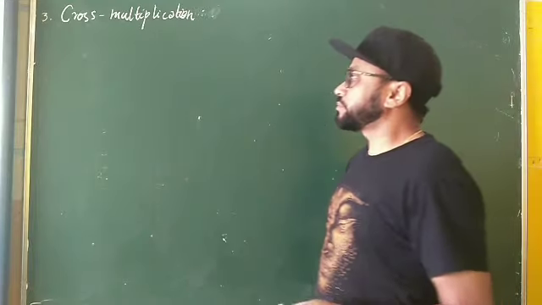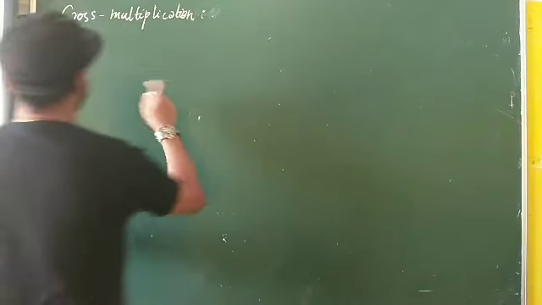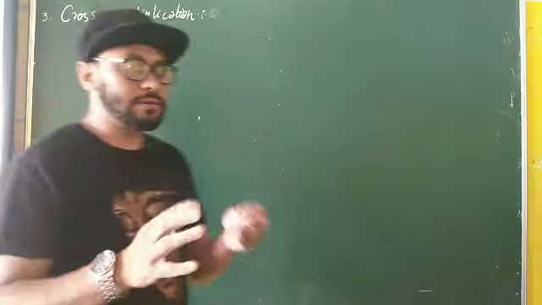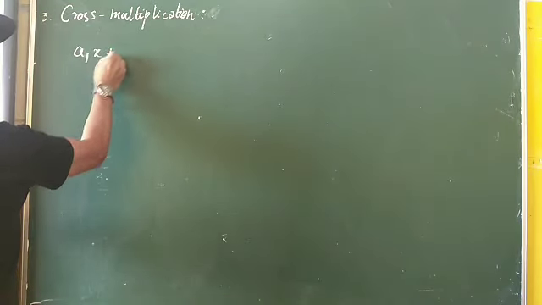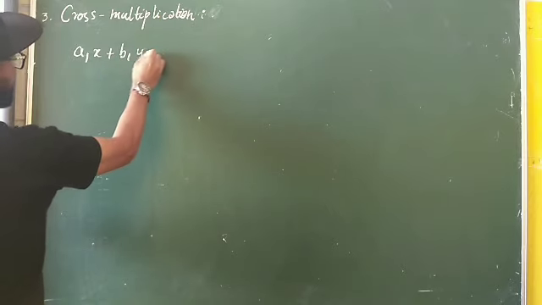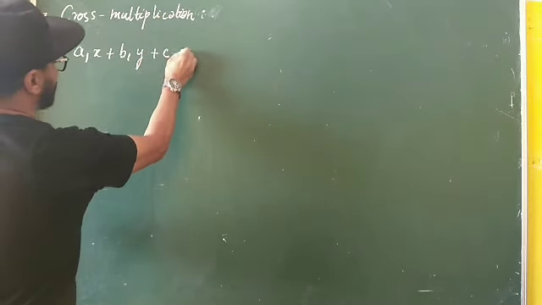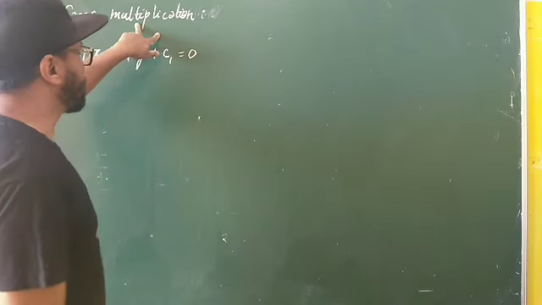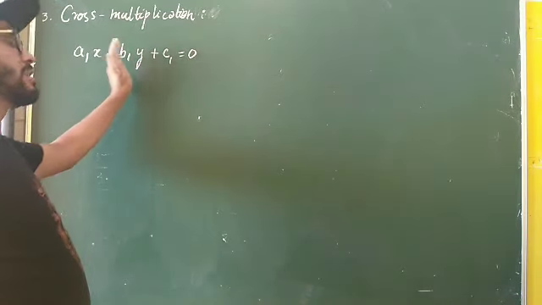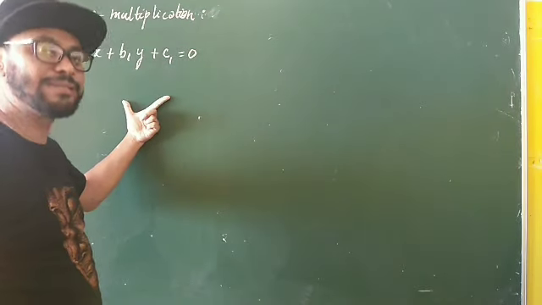Now, cross multiplication. What we have to do here is, let's take a general linear equation, a1x plus b1y plus c1 is equal to 0. In the cross multiplication method, all the variables and the constant have to be on one side, that is the left hand side.